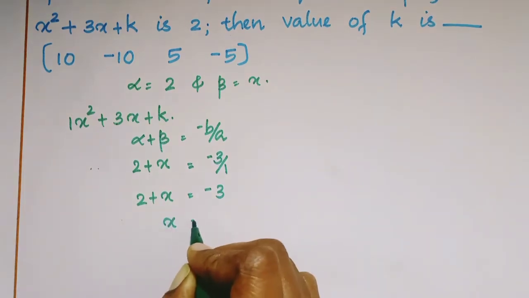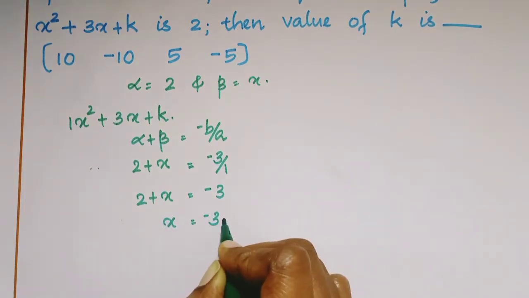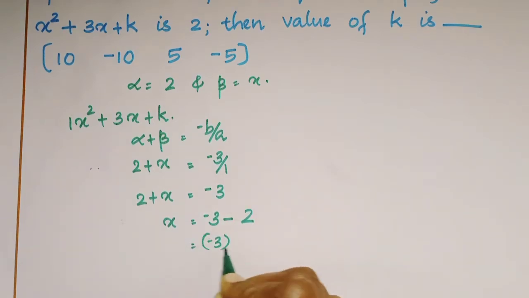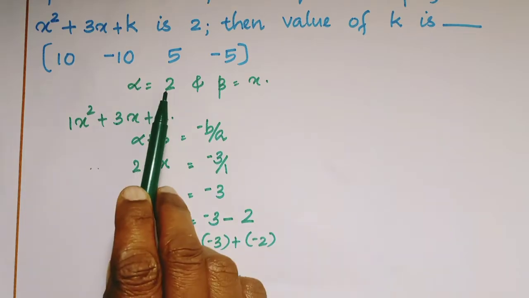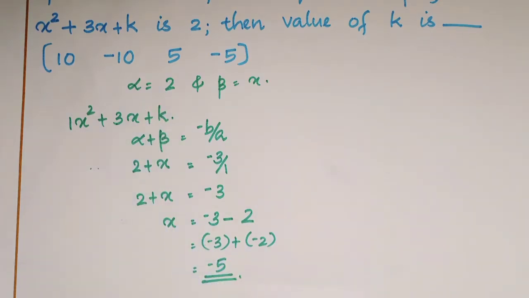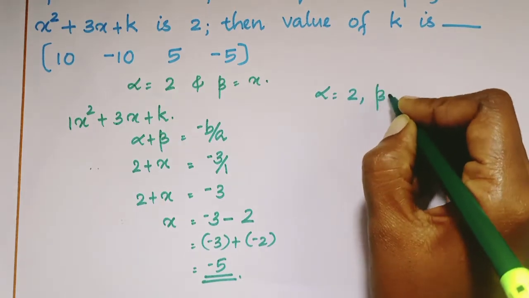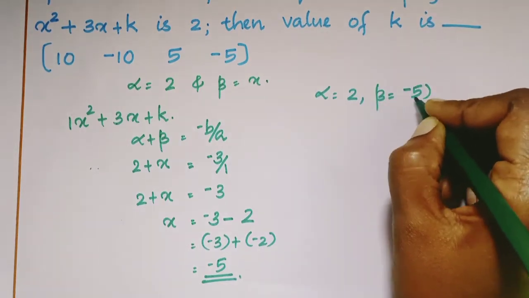Then x equal to minus 3 minus 2, that is minus 3 plus minus 2. Then we get minus 5. So the zeros are 2 and minus 5. So alpha equal to 2 and beta equal to minus 5.